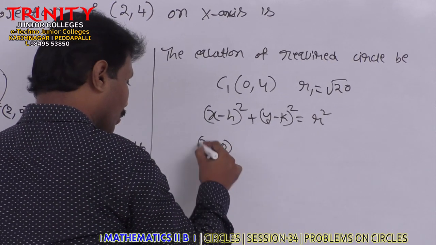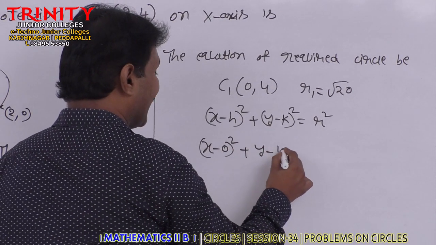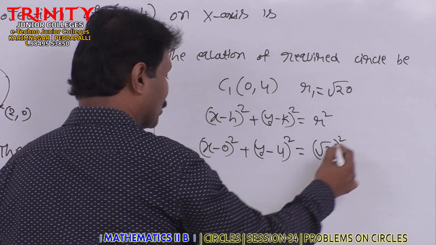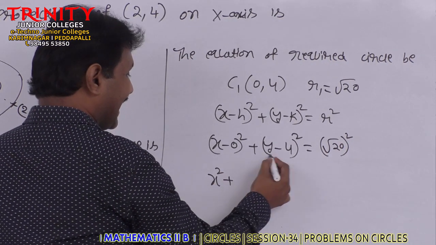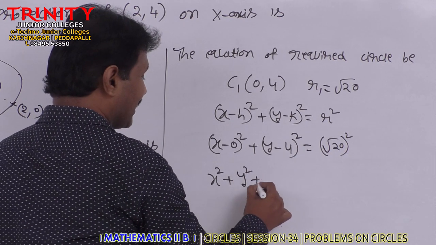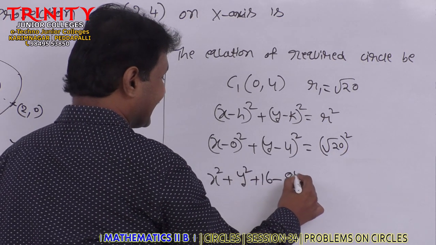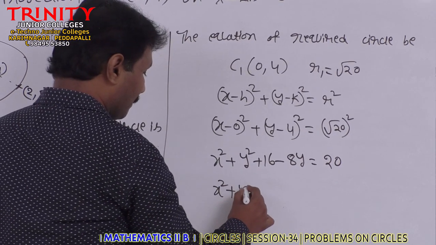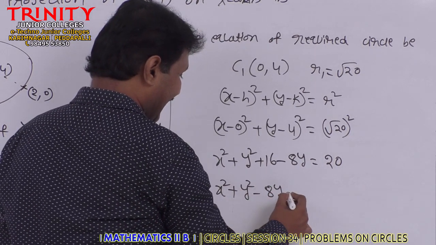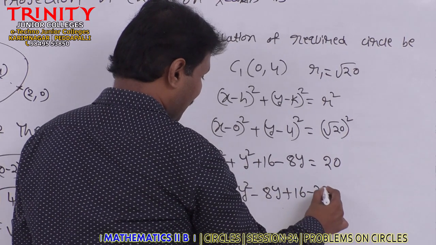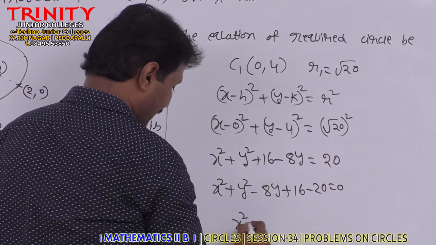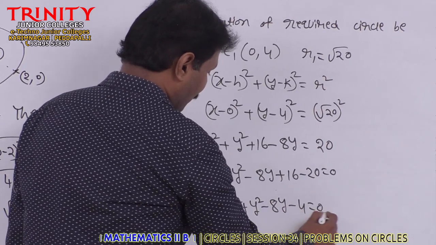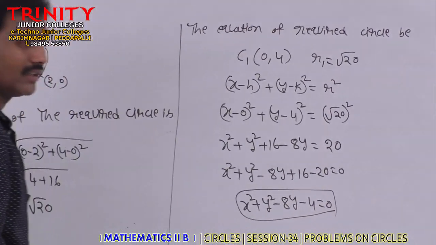X minus 0 whole square plus y minus 4 whole square equals root 20 whole square. X square plus y square plus 16 minus 8y equals 20. Therefore, x square plus y square minus 8y plus 16 minus 20 equal to 0. X square plus y square minus 8y minus 4 equal to 0. This is the equation of the required circle.